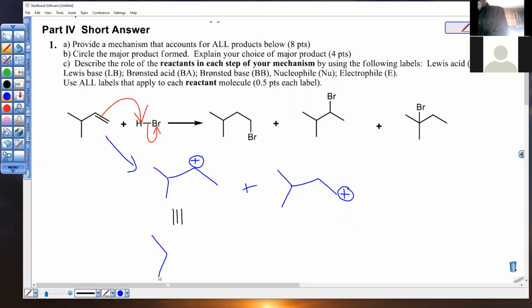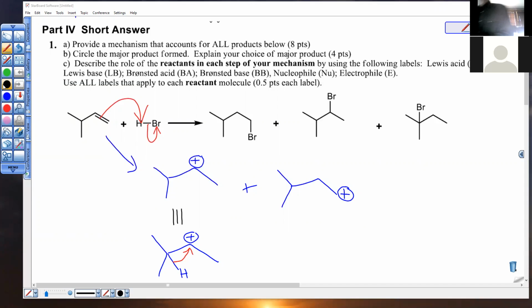The first version is going to generate product number 2. And this version here has this H, which is not in the product. There's no H on this carbon here, so that H must move. It's called a hydrogen shift, and it shifts to the adjacent carbon.